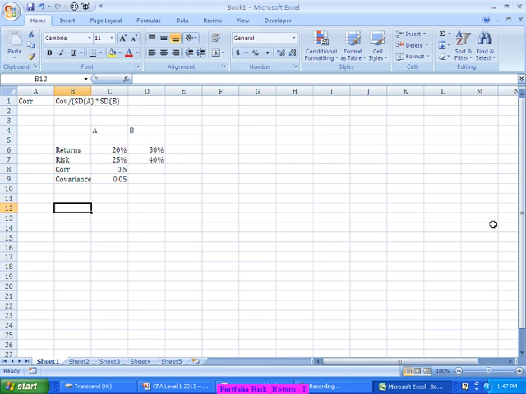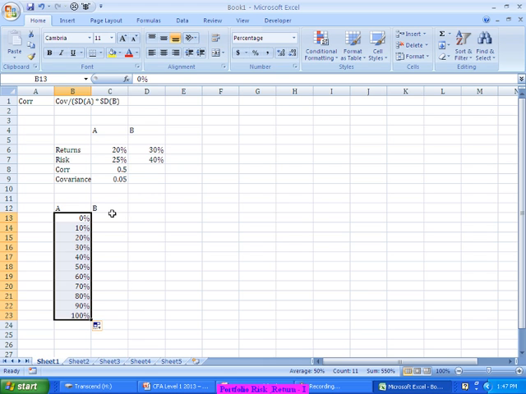I'll try out different combinations wherein I will invest some money in A and the remaining money in B. So I am taking some combination. Let's say I put 0% of my money in A. What if I put 10% of my money in A? Like that I am trying out combinations up to 100%.